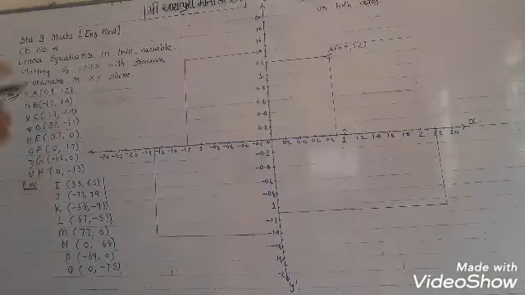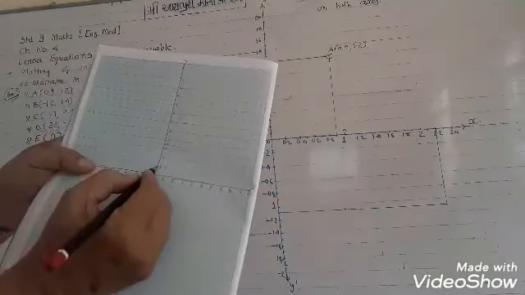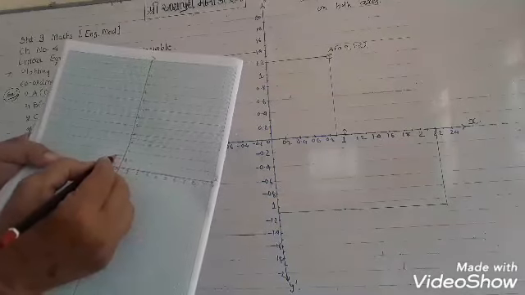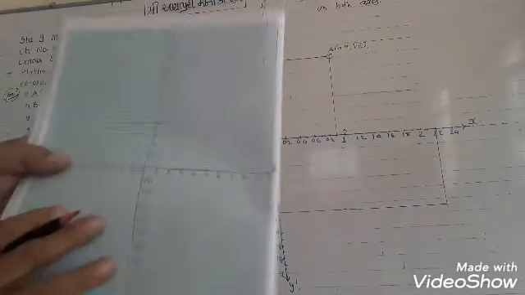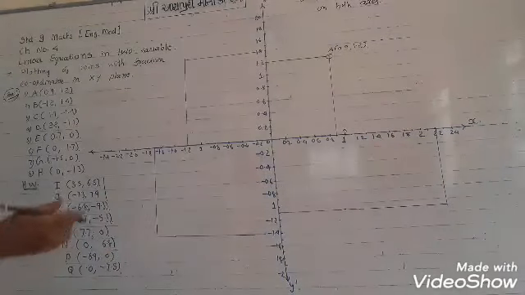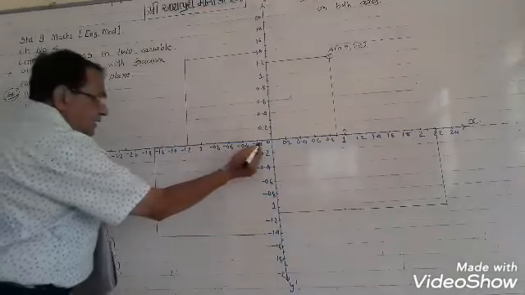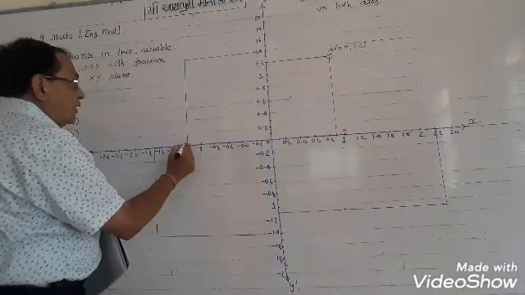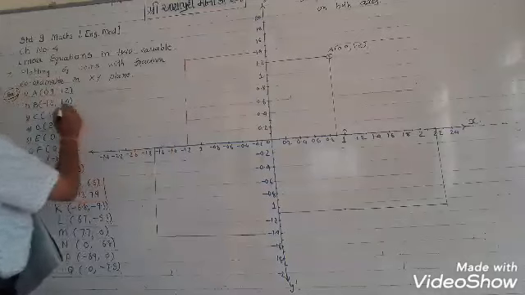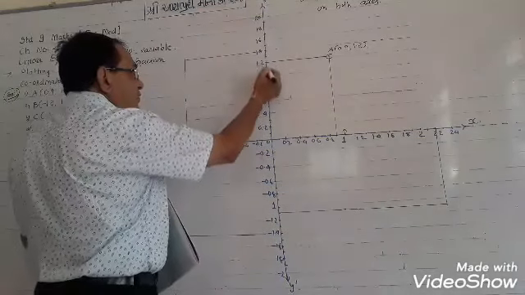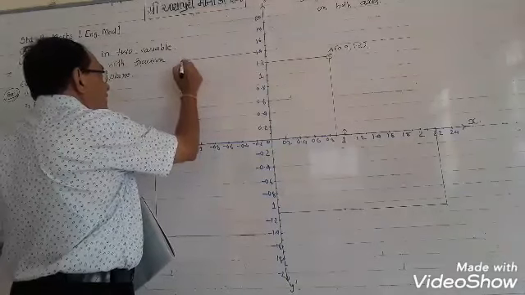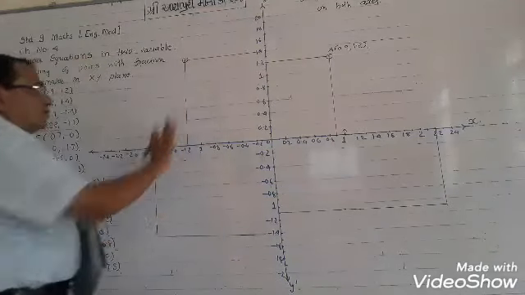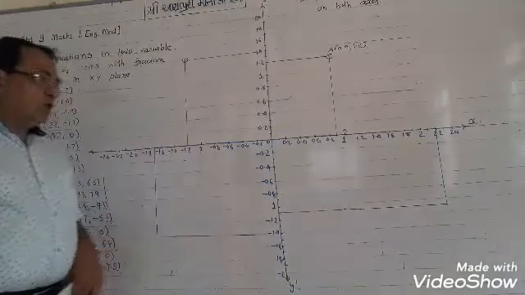Minus 1.2 and 1.4: that is 1 and that is 1.4, it is somewhere here. So minus 1.2 is the vertical line, and where is 1.4, that is your horizontal line. I have enlarged this so that you can understand.